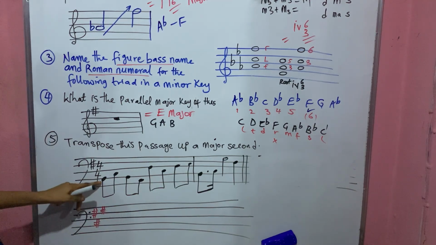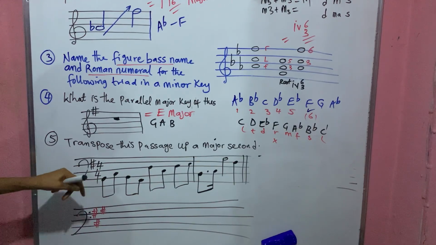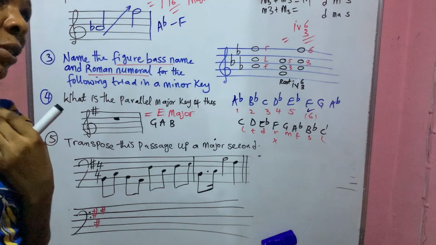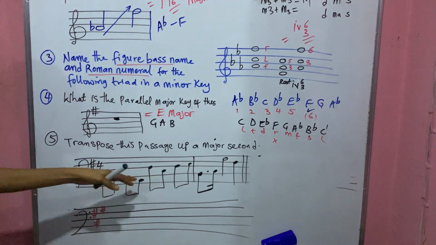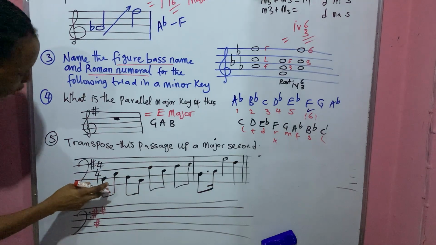This note is B, right? Major second of B is going to be C sharp. If it's me, I would have just sung this note and placed it here. But I want to show you all the steps. Let me transcribe this note.